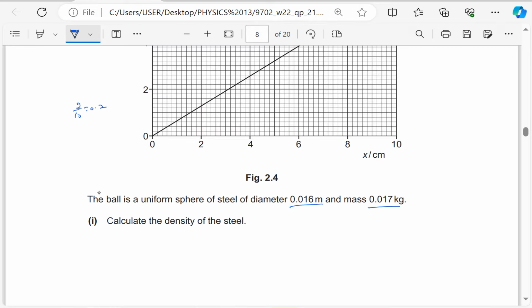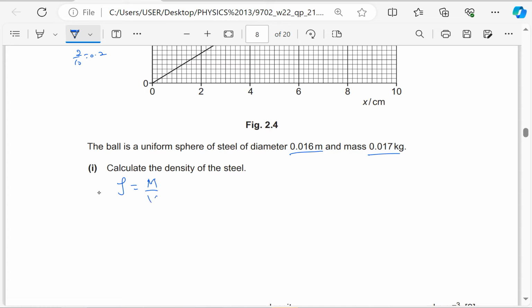Calculate the density. So we know that density is mass divided by volume. And because it is a sphere, the volume of a sphere is equal to 4 over 3 pi r cubed. So when I substitute for volume, the 3 goes up, so that the density becomes 3m divided by 4 pi r cubed.